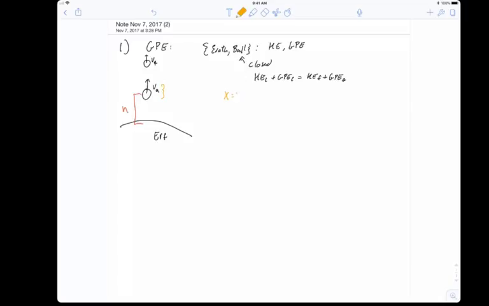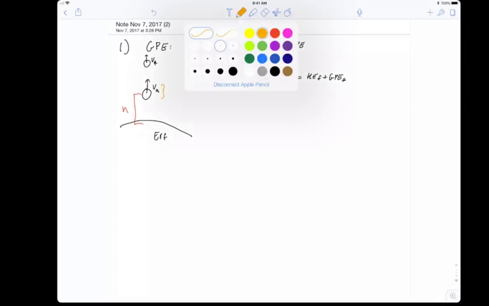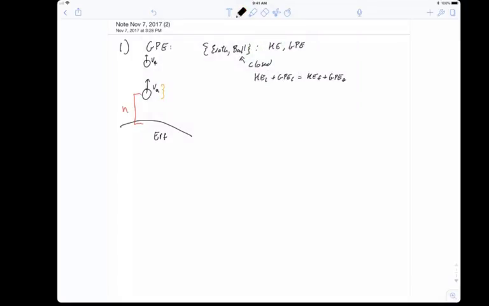Why don't I write it in terms of y? y is equal to y initial plus v naught t minus g over 2 t squared, right? And then v is equal to v naught minus gt.